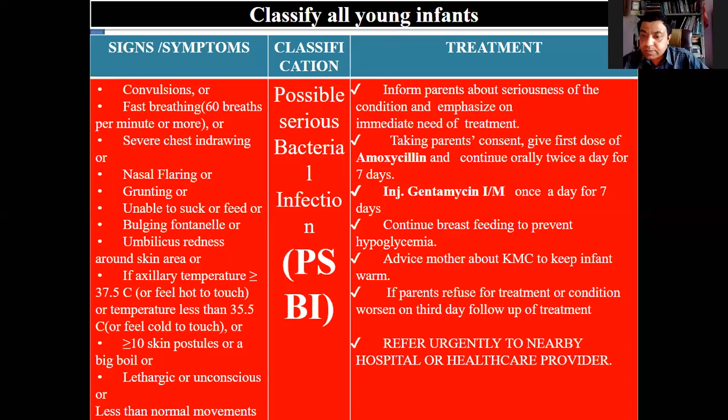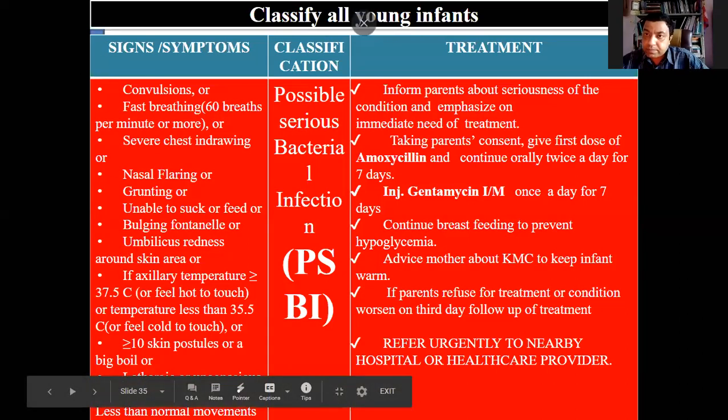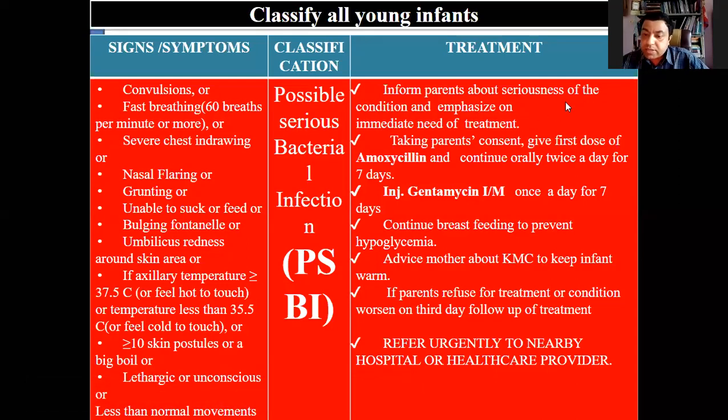Then what's the management? You need to inform the parents or caretaker about the seriousness of the condition, then emphasize the immediate need of treatment. Take the parents' consent and give immediately the first dose of amoxicillin and continue orally twice a day for 7 days.